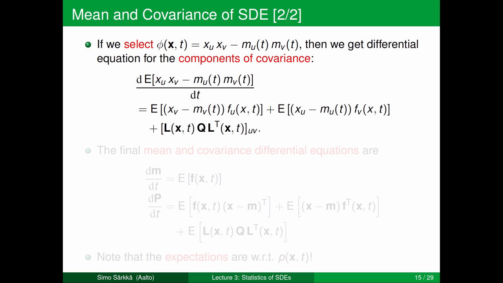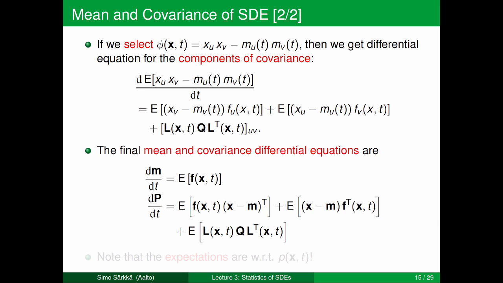Substituting this into the general equation gives that the time derivative of the expectation of x_u x_v minus m_u m_v should be equal to the expectation of (x_v minus m_v) times f_u plus the expectation of (x_u minus m_u) times f_v plus the uv element of the matrix L Q L transpose.